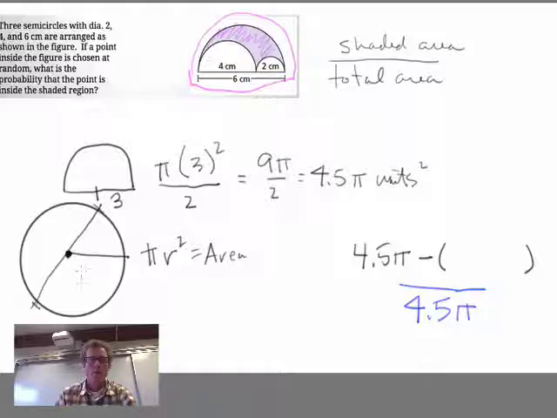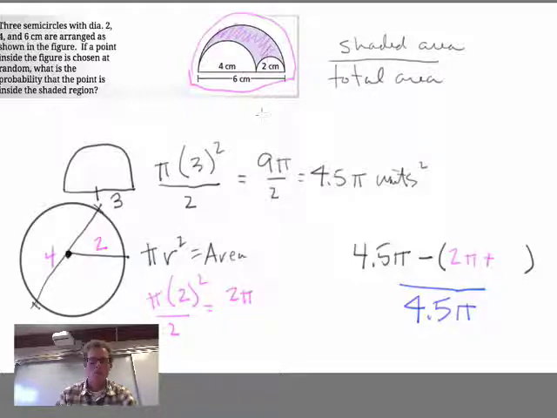Let's do this one in magenta. If my diameter is 4, then my radius is going to be 2, so I'll do pi times 2 squared divided by 2. Well, pi times 2 squared is 4 pi, divided by 2 is 2 pi. So let's subtract 2 pi.